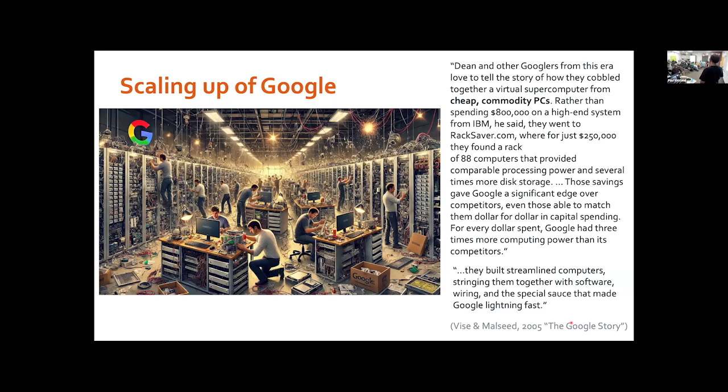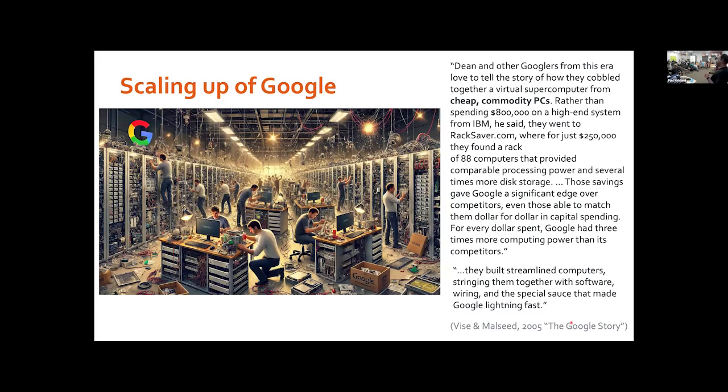They sent a bunch of employees to all the stores around to buy up all the hard disks they could find. The problem with cheap hardware was that it failed a lot, so they built an entire layer of software to handle these failures. Then they were able to do almost infinite scaling, because all they had to do was buy more and more cheap disks.